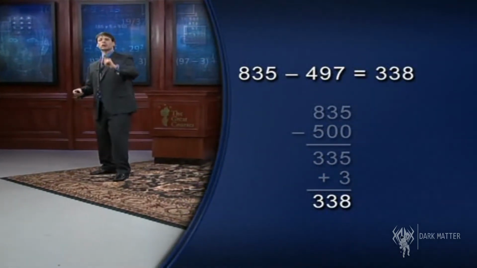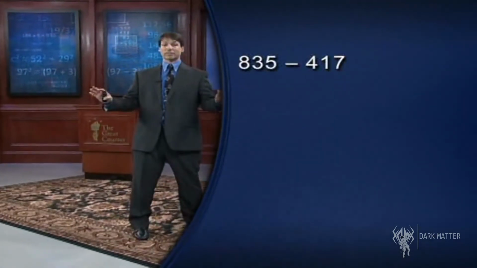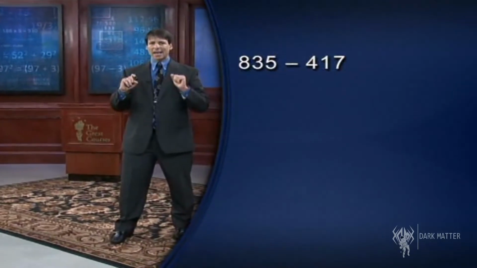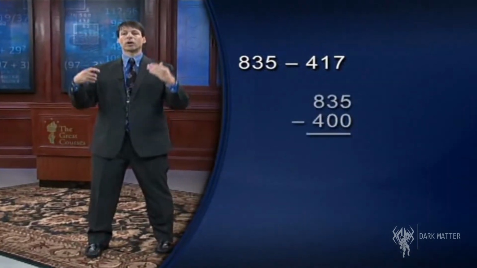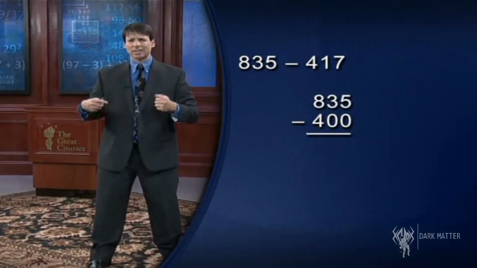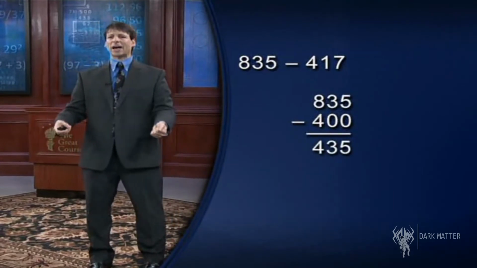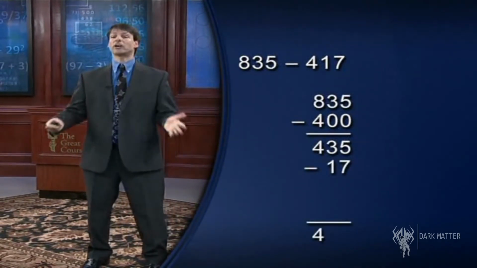Here, let's change the problem slightly to 835 minus 417. First, we're going to subtract 400. So 835 minus 417 becomes 435 minus 17. You could even say the 400 at this point.